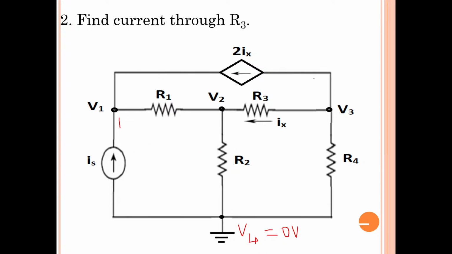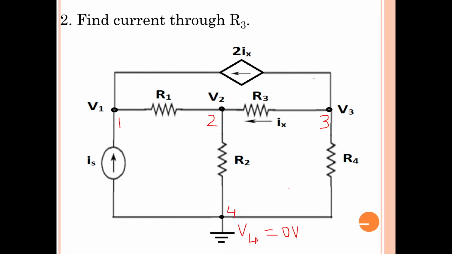So node 1, node 2, node 3, and node 4. Total 4 nodes are there in this given circuit. Node 1 voltage is V1, node 2 voltage is V2, node 3 voltage is V3, and node 4 voltage is V4. And I am assuming node 4 as the reference node.